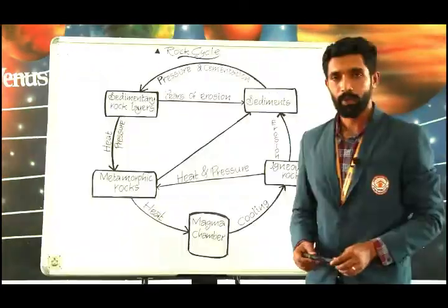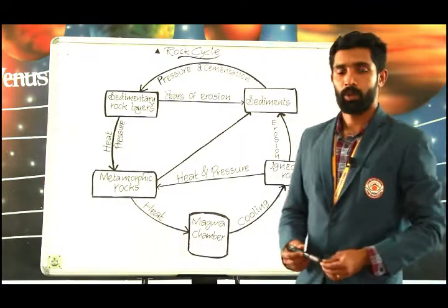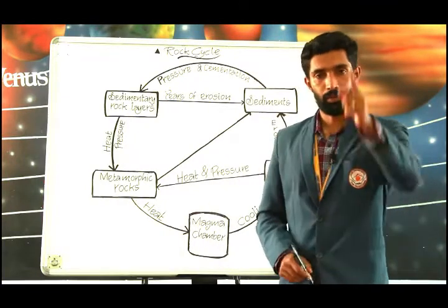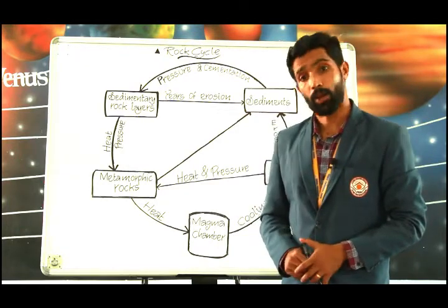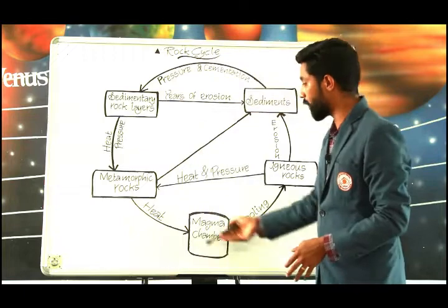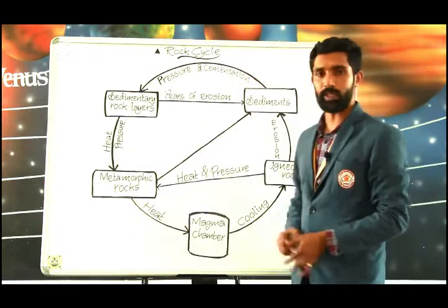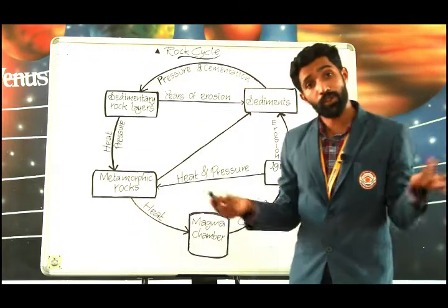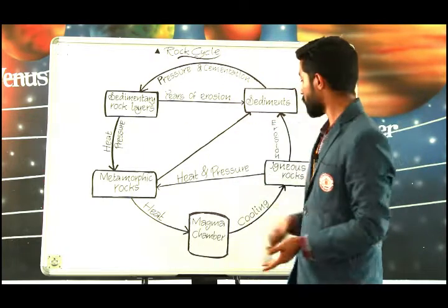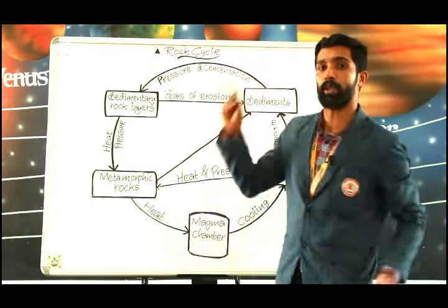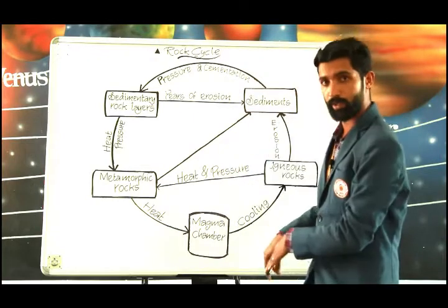Clear? So dear kids, before we finish our chapter, we have to discuss one more topic. Very simple. That is the rock cycle. You can see the diagram over here. Rocks go through a cycle of transformation, changing igneous rock into sedimentary, sedimentary into metamorphic, and again metamorphic will come to igneous, like that.